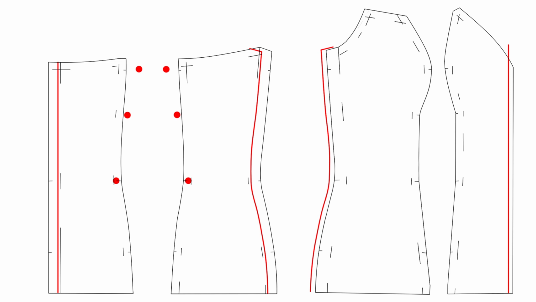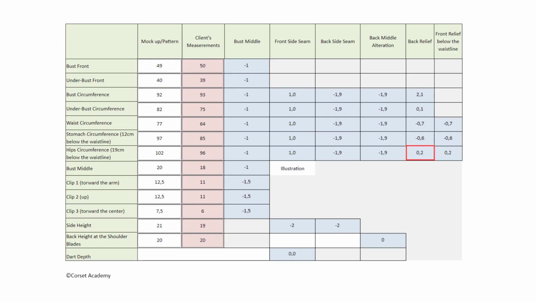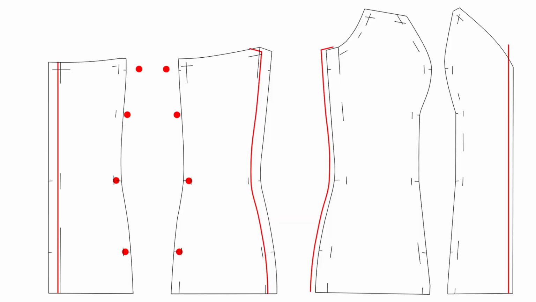We're putting the dots along the stomach line, negative 0.6 centimeters from the back relief on both back parts. The value on the hips line is 0.2 centimeters. Let's put the dots on the hip line, 0.2 centimeters from the back relief on both back parts.